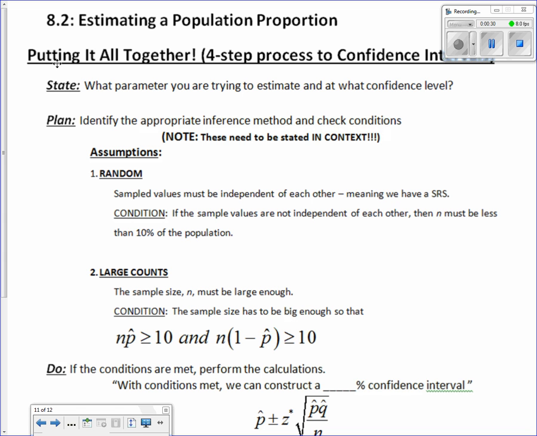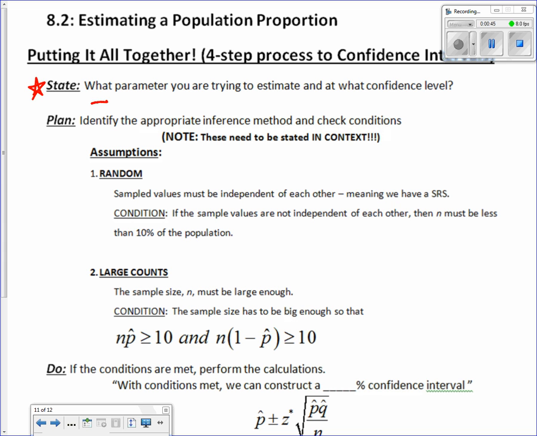First part is the state. This is probably the easiest way you can get yourself a point. State what parameter you're trying to estimate, and at what confidence level.